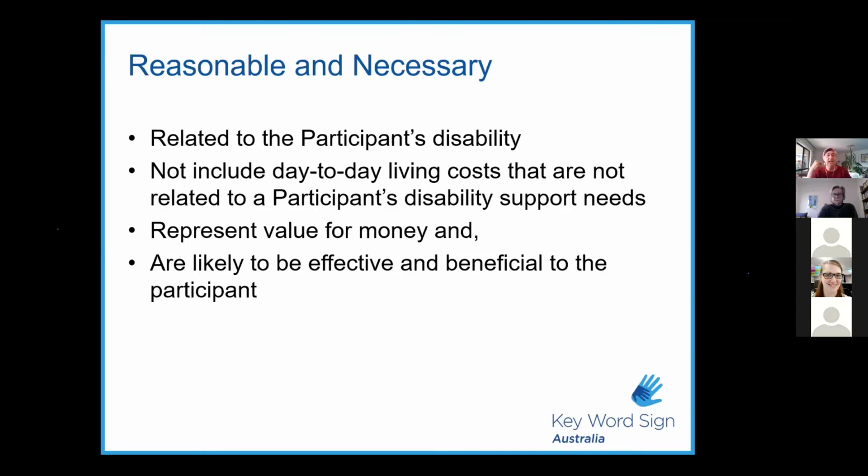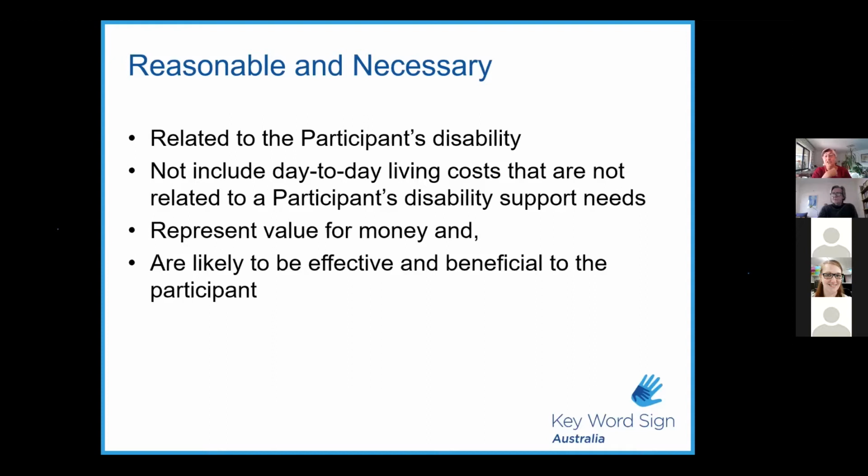And those criteria are basically that they're related to the participant's disability, so you're only asking for supports that are linked to, in this instance, communication difficulties and the potential to change someone's communicative participation, their ability to communicate effectively to get their message across.